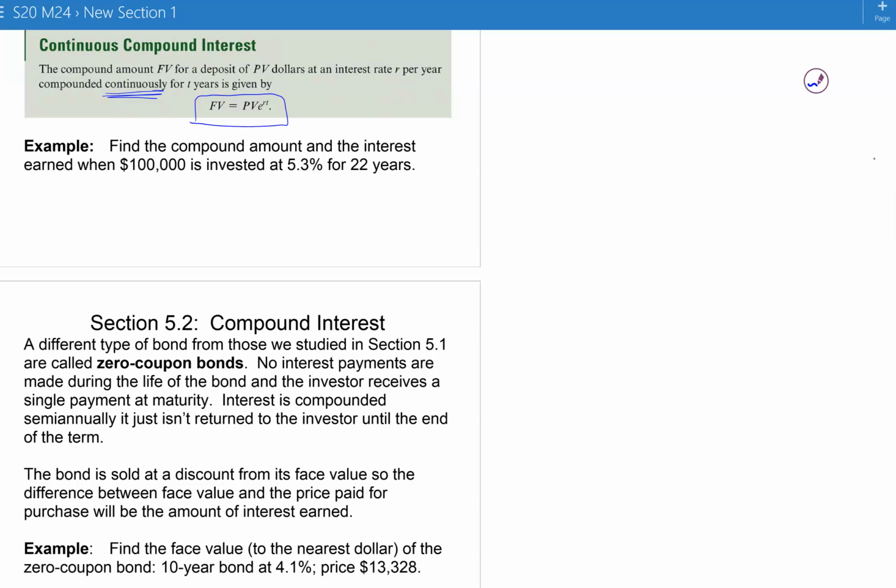So let's look at what our future value will be if we put 100,000 in and have e, and the interest rate of 0.053 written as a decimal, for 22 years, and make sure that's all up in the exponent. And you'll end up with $320,913.04.